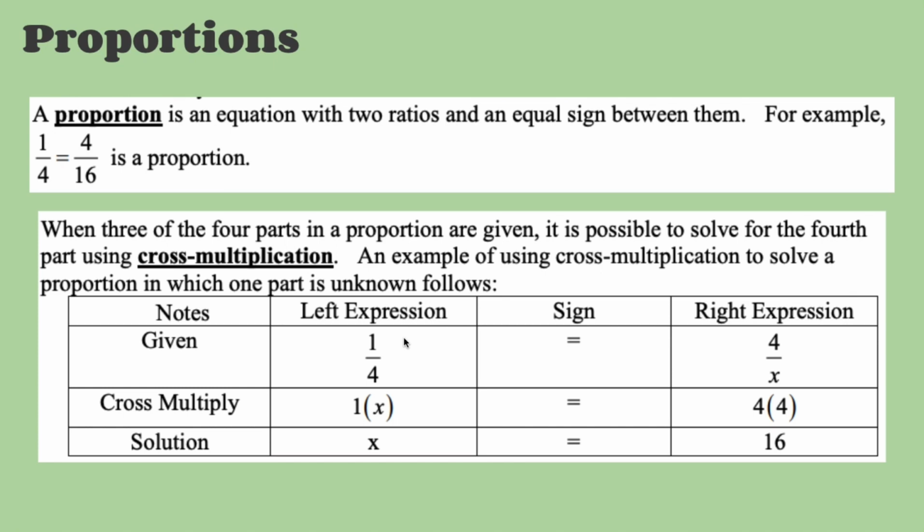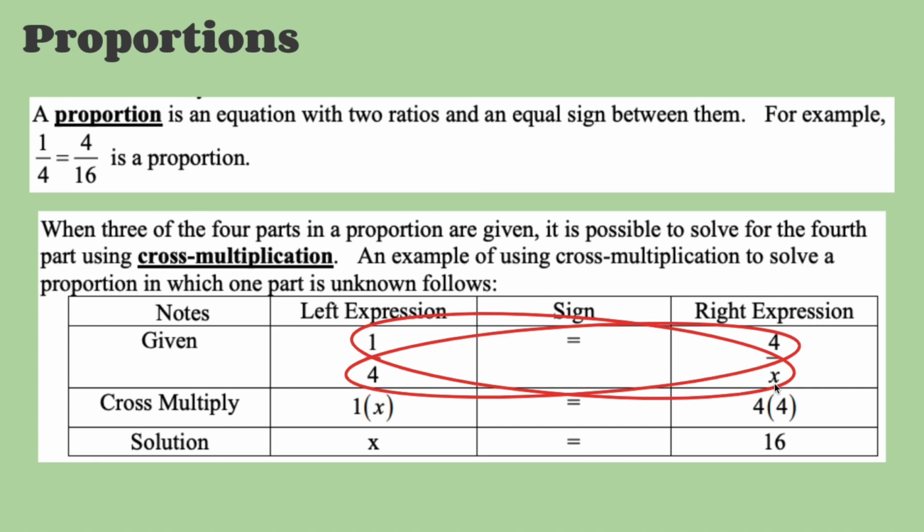Here, we're going to use cross multiplication to figure out 1/4 equals 4 over x. I like to use loops just to make it a little bit more clear on how to cross multiply. We're going to loop around the numerator of the first fraction and the denominator of the second, and then another loop around the numerator of the second and the denominator of the first.